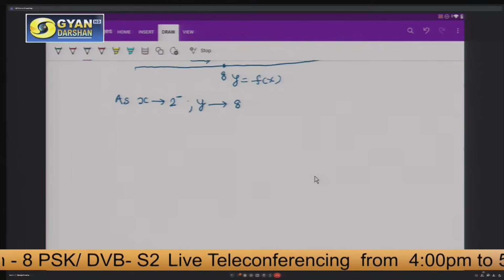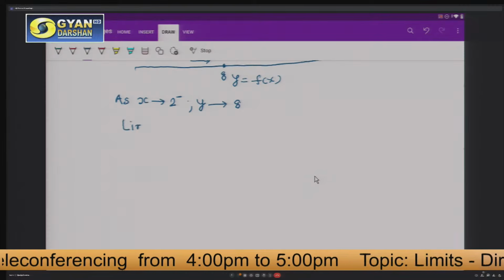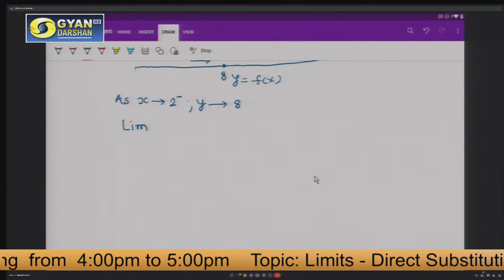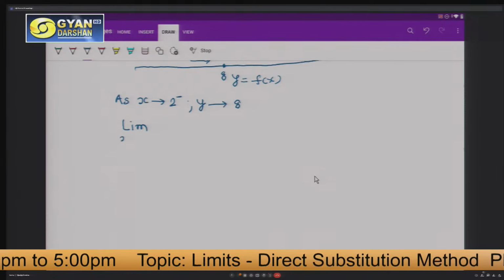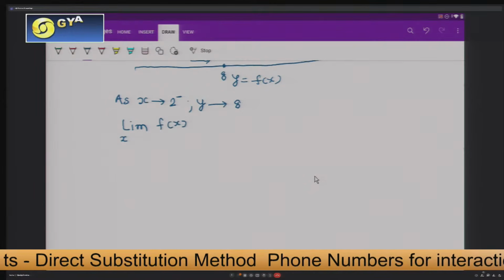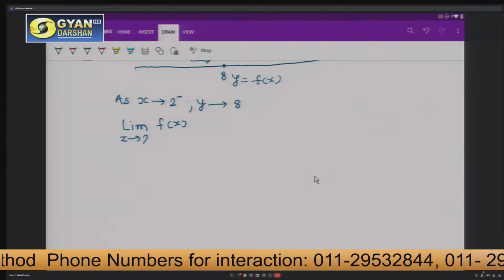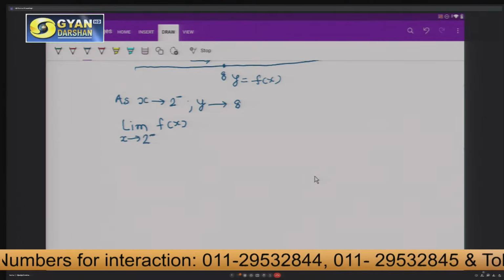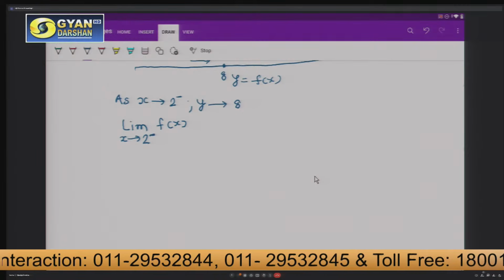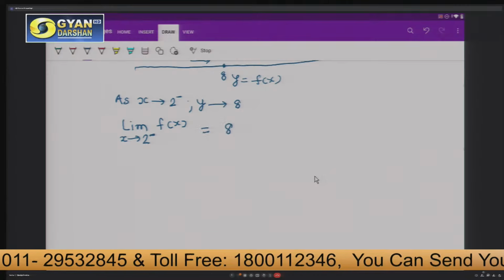And if both are equal, then we write the limit of the function f(x) as x approaches 2 from the left side is equal to 8.